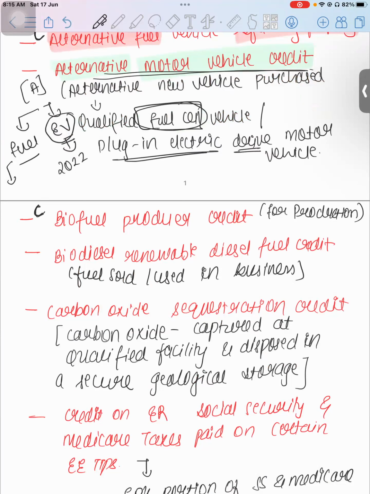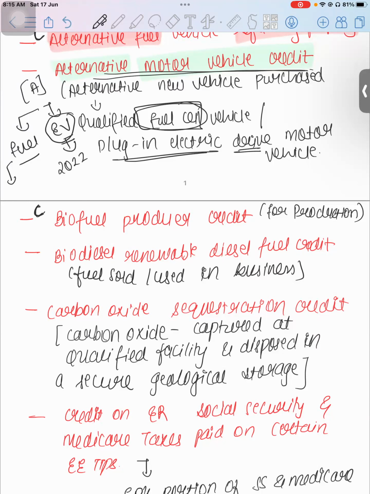So if you are producing a biofuel using biomass, like the waste of cows and buffaloes, and that biomass is used to produce diesel-like fuel which is used in the manufacturing unit, then they can take whatever expenses they are incurring, right?